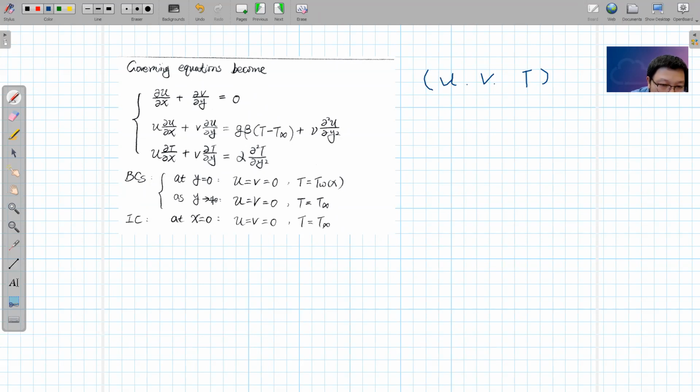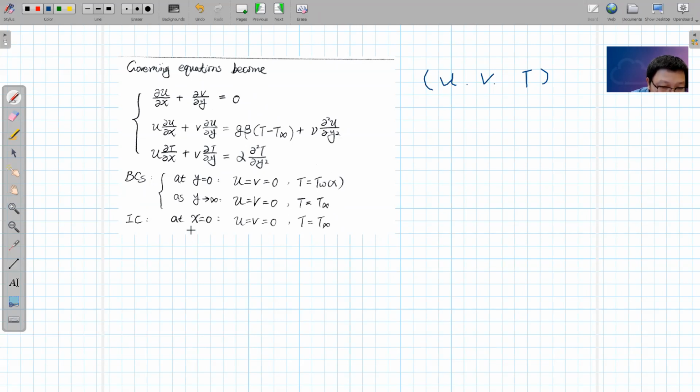When y goes to infinity, very far away from the wall, there is no velocity there for the free stream air, and the temperature of the free stream air will be T infinity.